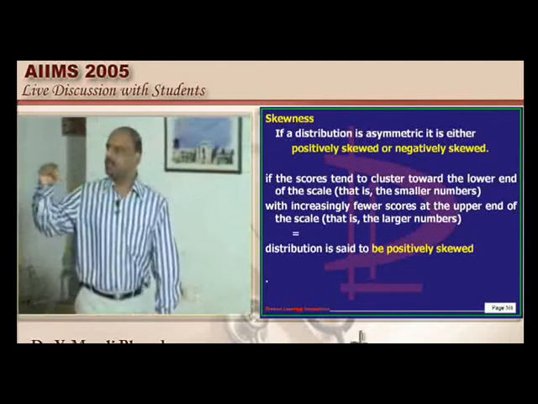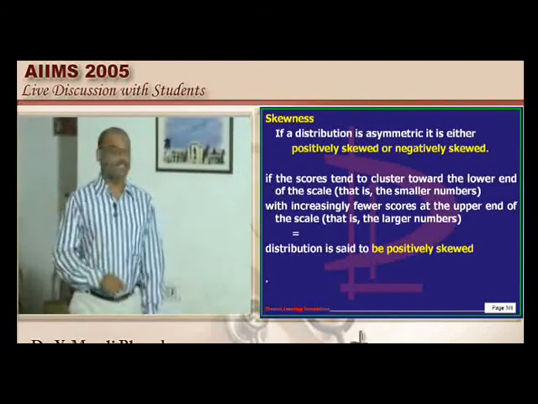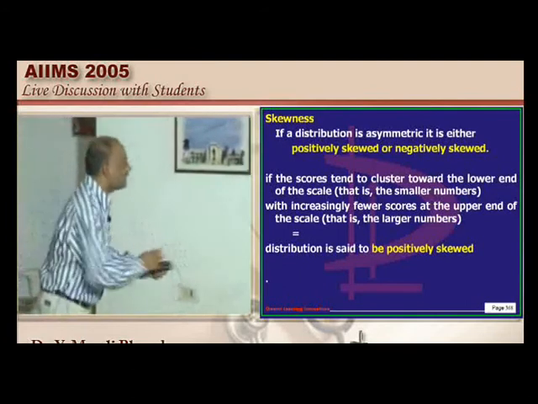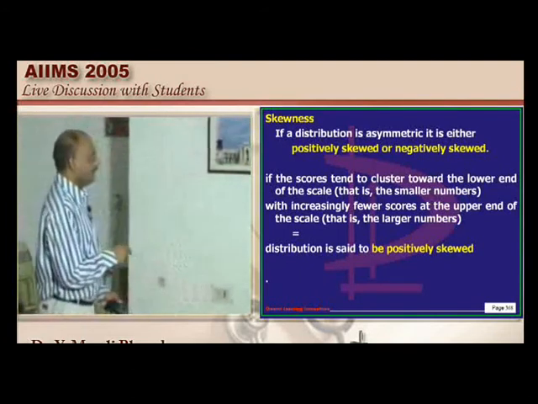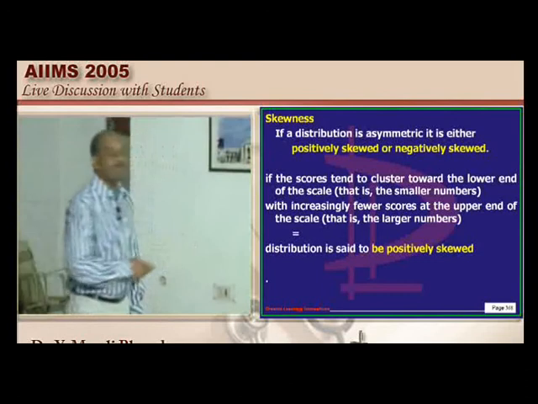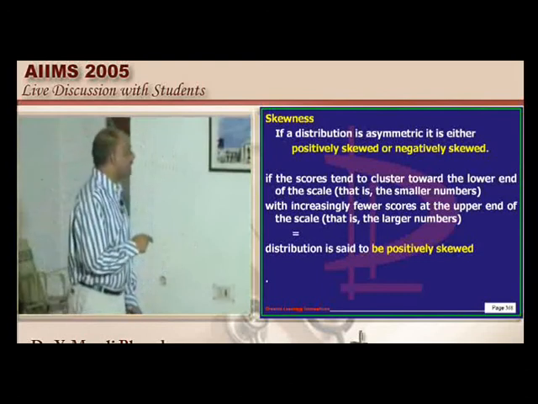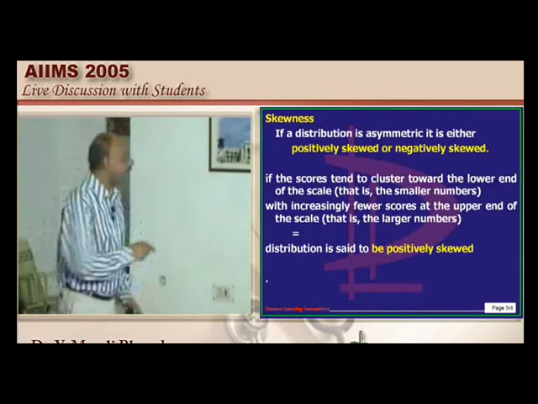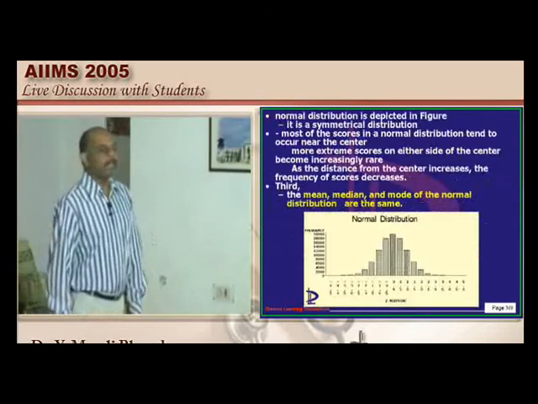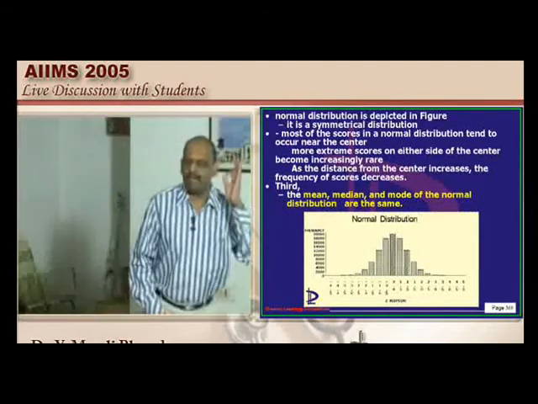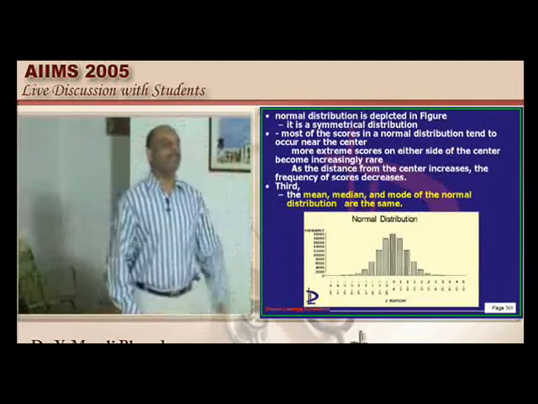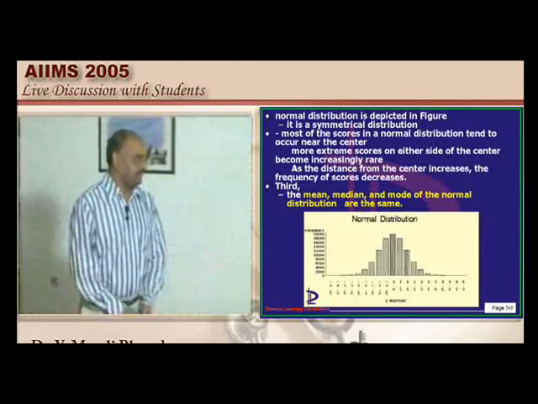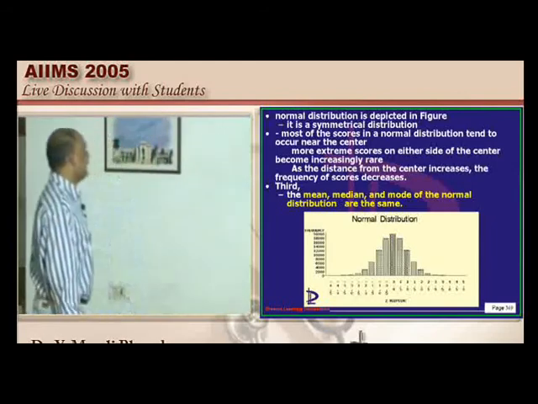If the scores cluster more towards the lower end of the scale, then there are more people who are having small scores, and increasingly fewer scores at the upper end, then it is considered to be positively skewed. The best example is, if the paper is very tough, then more people will get lower marks. So it is positively skewed, and candidates are negatively spirited at the end of writing the test.